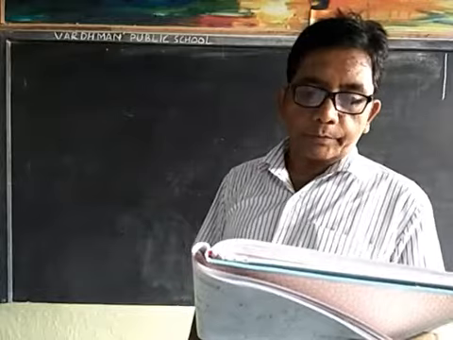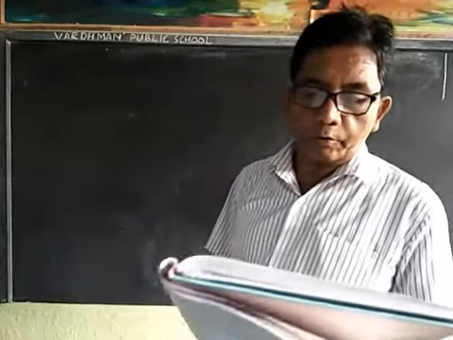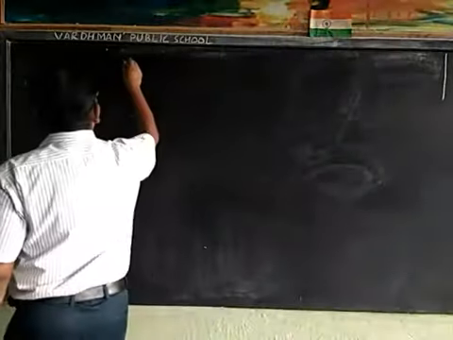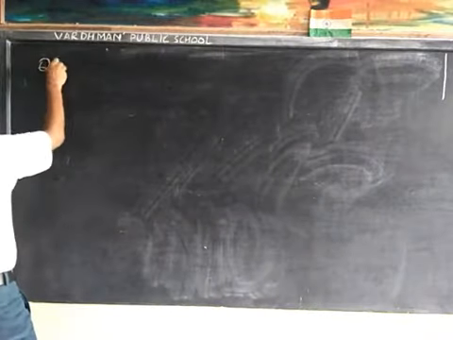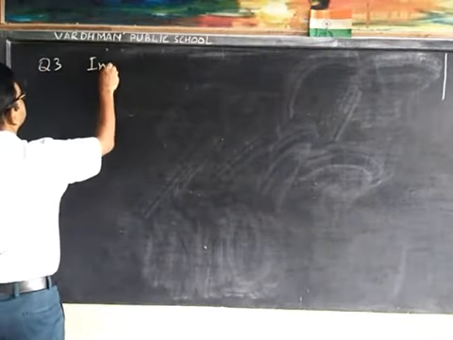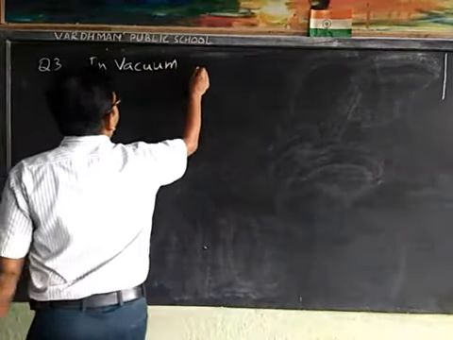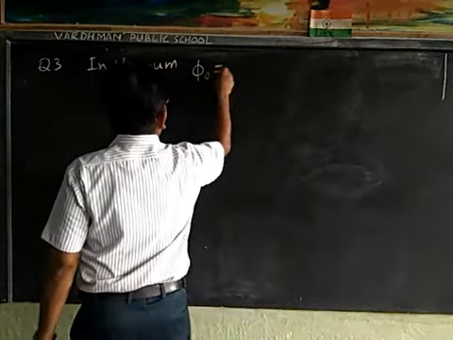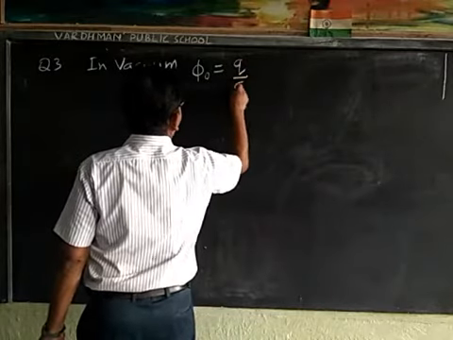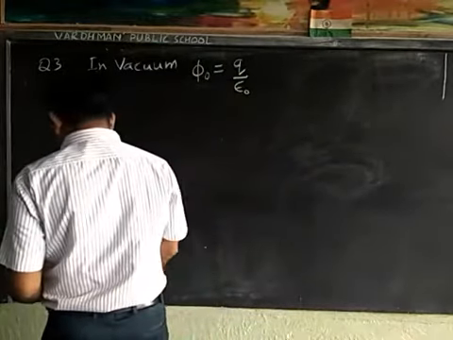Now in vacuum we know phi 0 is equal to Q upon epsilon naught.